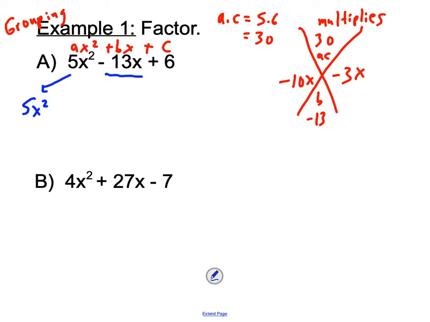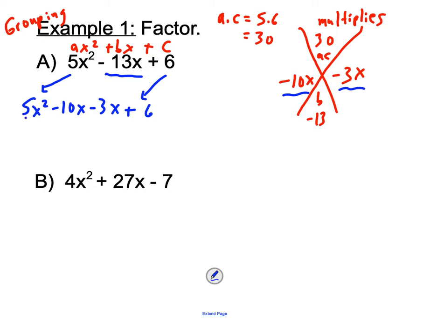That middle term there is negative 10x and negative 3x. And then you're going to drop down that last term there. All right, so we're going to factor by grouping.